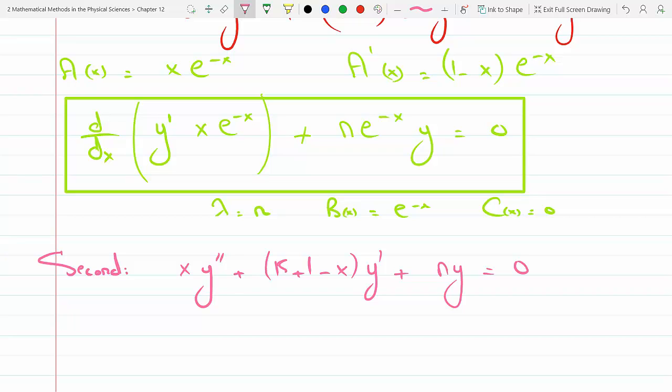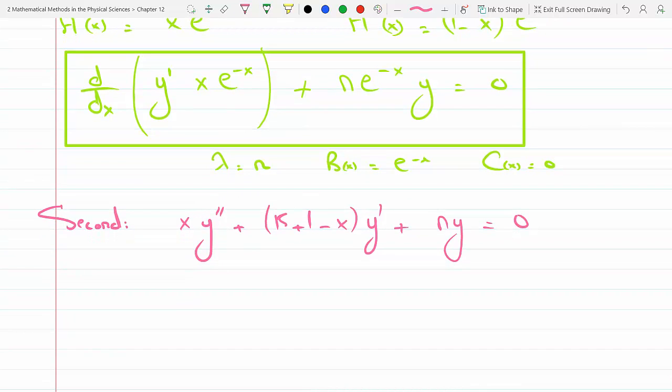Okay, we're going to use similar reasoning as before, because if a of x is x, a prime is 1, which is obviously not the case because we have k plus 1 minus x. So I would have to call a of x something.